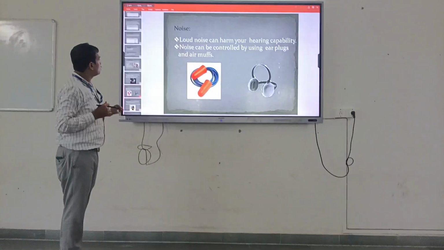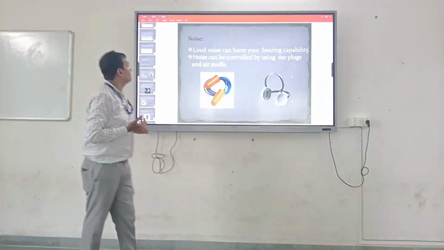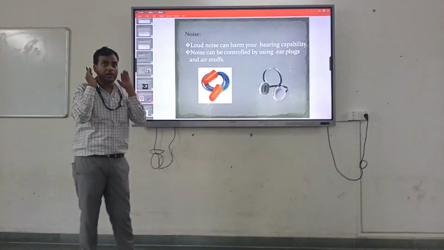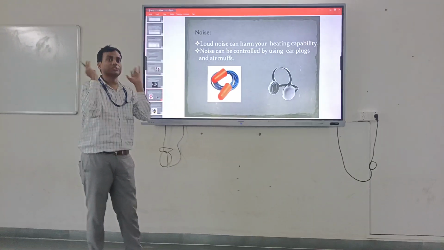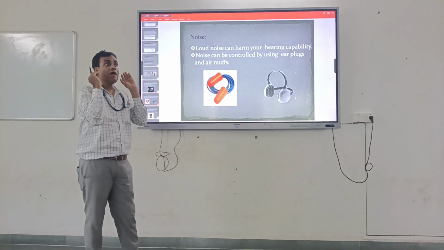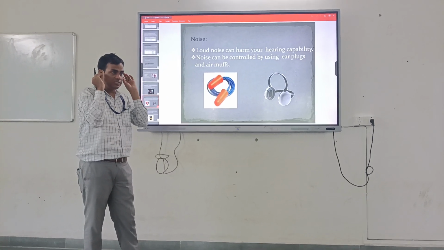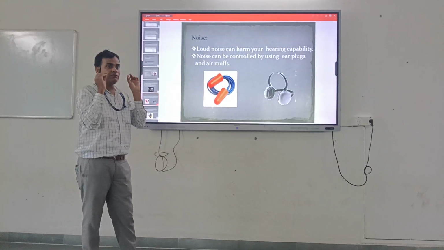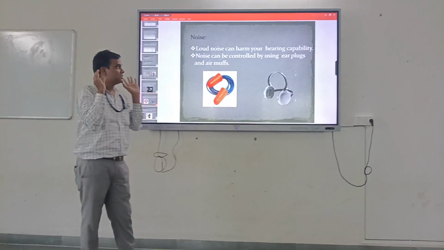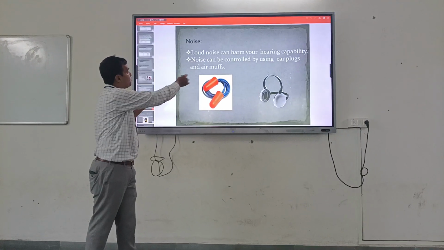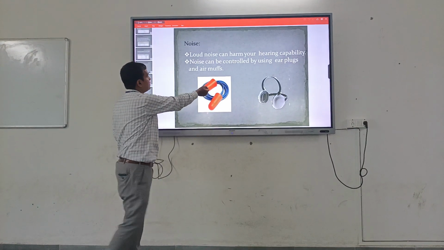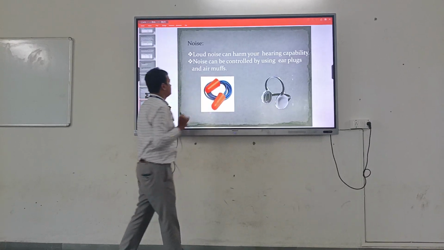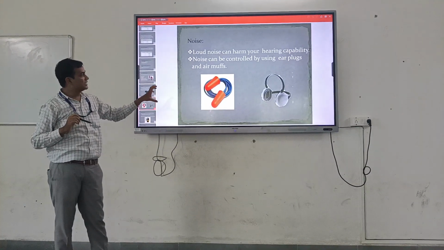Next one is noise, which is very dangerous. We have to protect our head from the outside noise, otherwise I will get disturbance during the working process. So I have to use either ear plugs or ear muffs. These two things are given there.